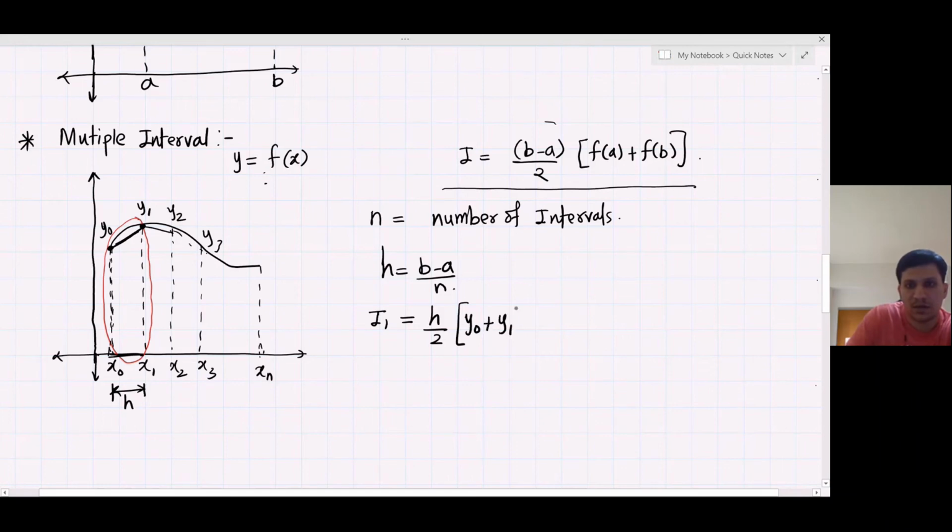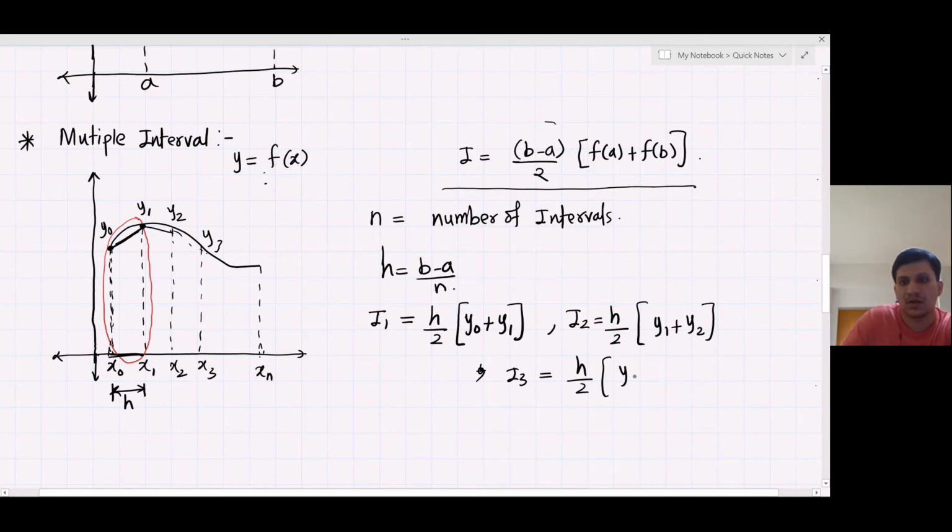So y naught plus y1. Similarly, for the second interval, I2 is equal to h by 2 (y1 plus y2). Similarly, I3 is equal to h by 2 (y2 plus y3), and so on.